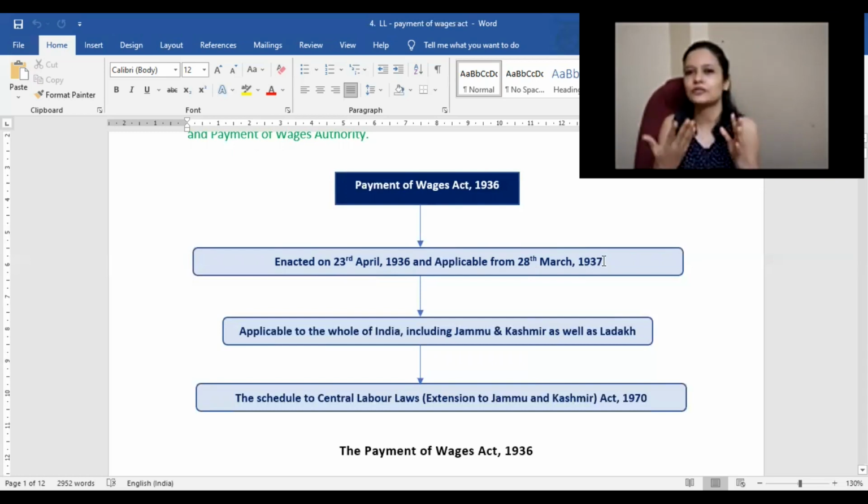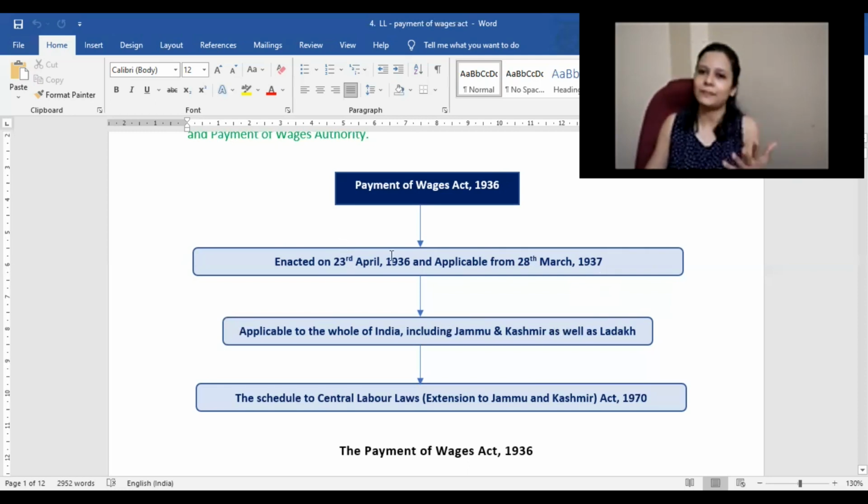Because there were so many provisions with regard to factories, appointments, and all that stuff. So you need to remember that it became applicable one year later only, on 28th of March 1937. That is the first thing with regard to this legislation.